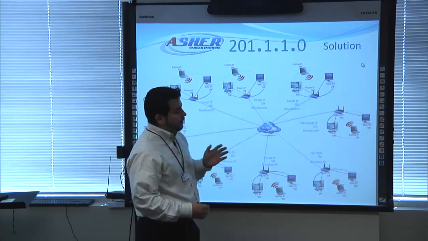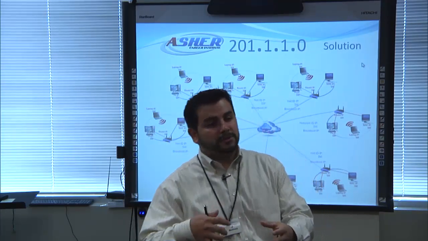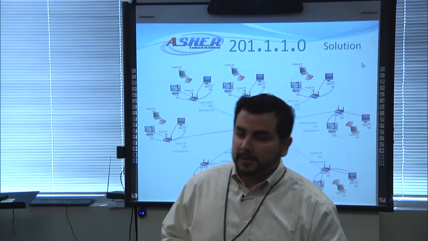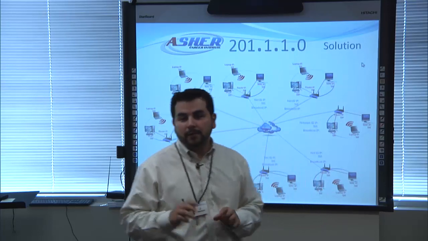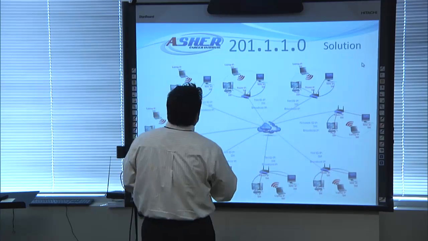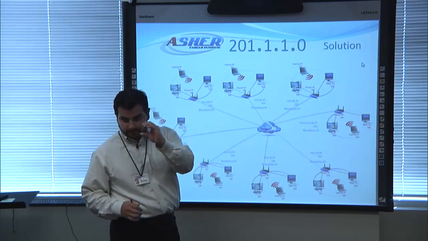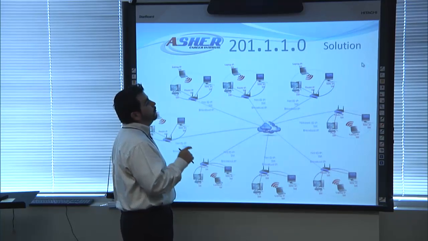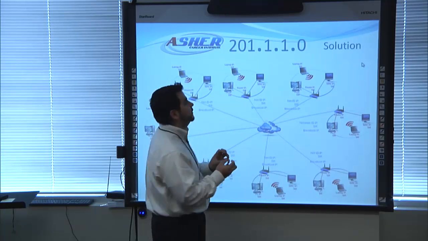Now, the way I give this lecture is I show you the problem, I show you the solution, then I show you how we got to that solution. So here's the solution, and here's the trick. If you can remember one thing, remember this. When you're subnetting a Class C IP address, you can only break it up into a certain number of sizes.